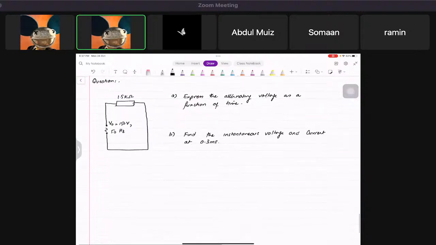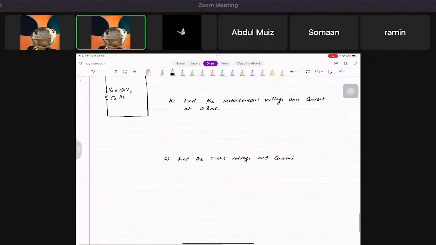And then part C, let me write it here: find the RMS voltage and current. And finally part D, let's write it here, let's save some space: find the average power through the resistor. So that's the question.